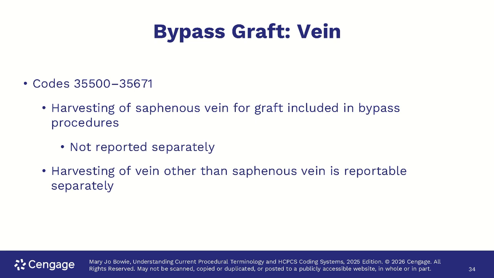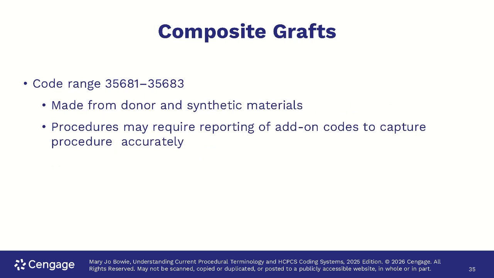However, if they do something other than the saphenous vein, that can be reported separately. This is noted in the subsection notes that are in front of the CABG codes, that the note is there.